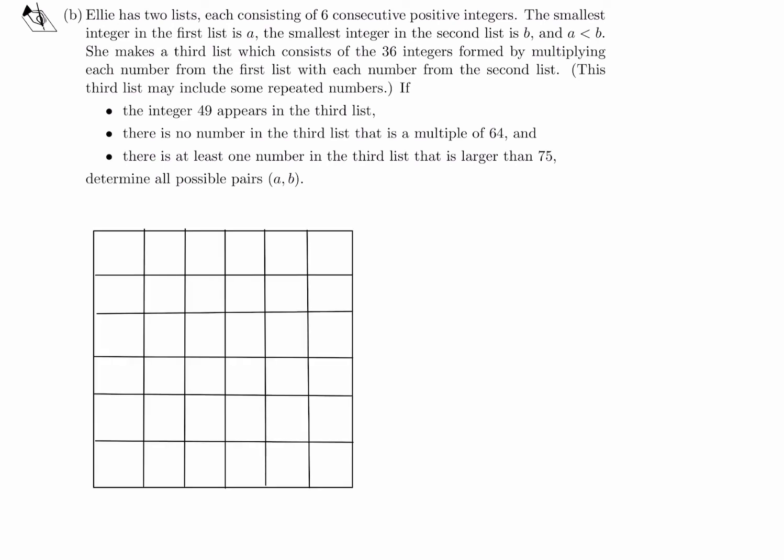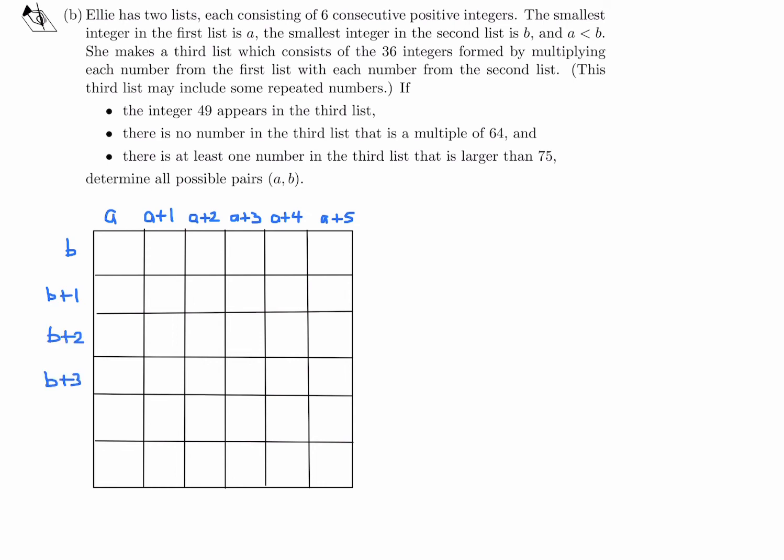Okay, so let's make this table: A plus 1, A plus 2, and so on, A plus 3, A plus 4, A plus 5. And the other side, this is the horizontal side. The vertical side will be very similar, but it's with B's, B plus 1, B plus 2, and so on.